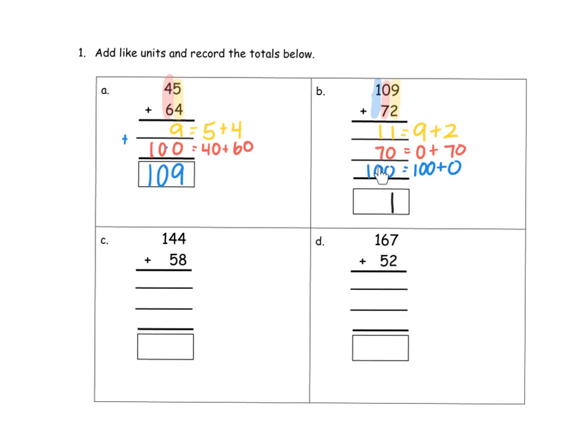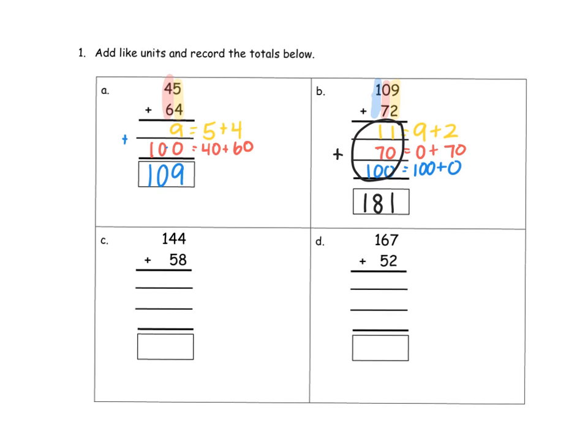Then in my tens place, I have 1 plus 7, that's 8, plus 0, leaves me still with 8. And then in my hundreds place, I have nothing, nothing, 1. So 1 plus nothing is still 1. So it's kind of like you added up these numbers now, and that makes it a little easier to add.